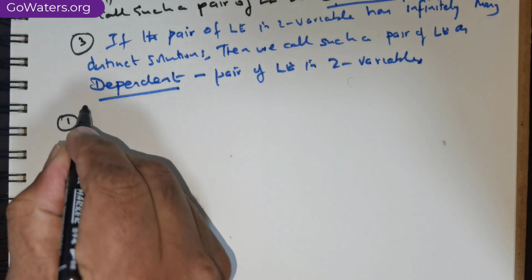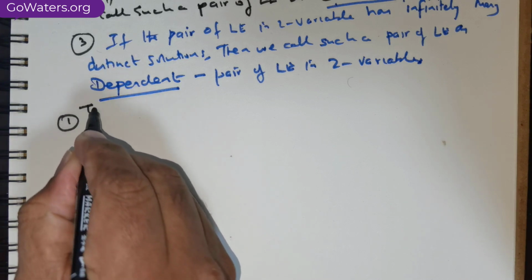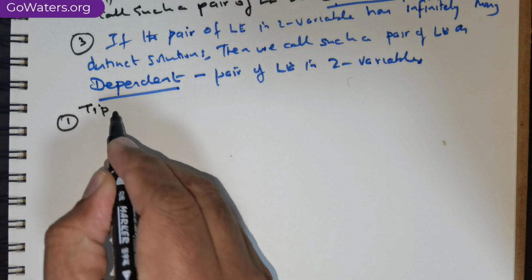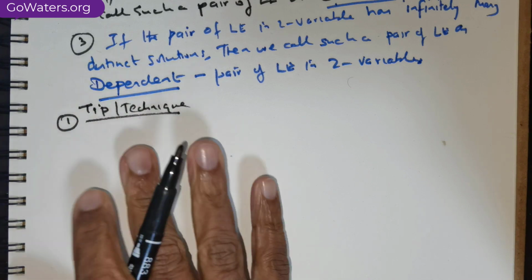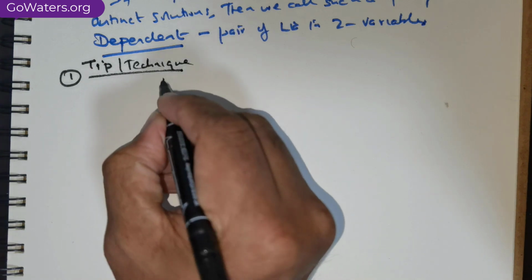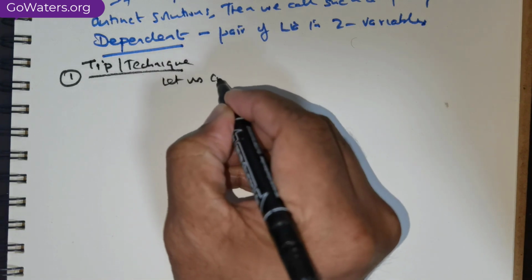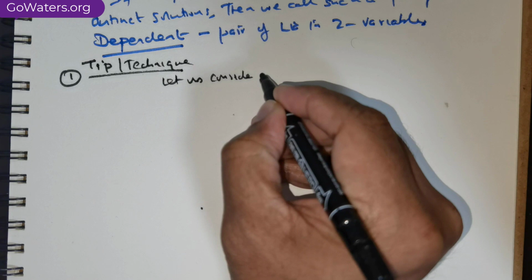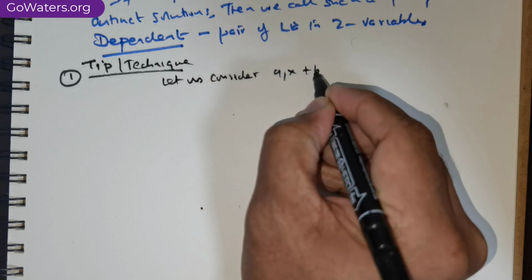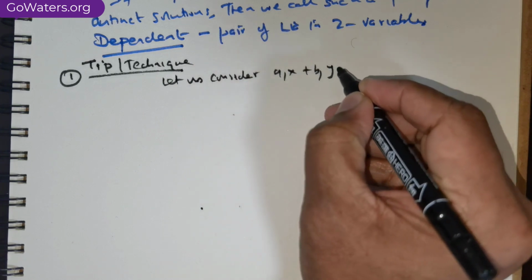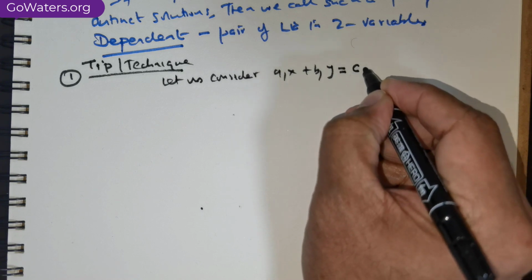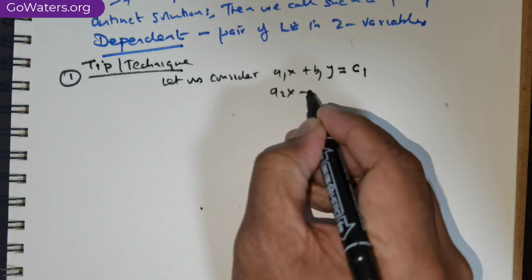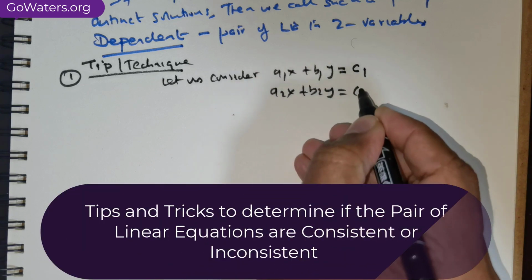The first technique, so this is a tip, or you can call it a technique. Let us consider a1x + b1y = c1, and a2x + b2y = c2.